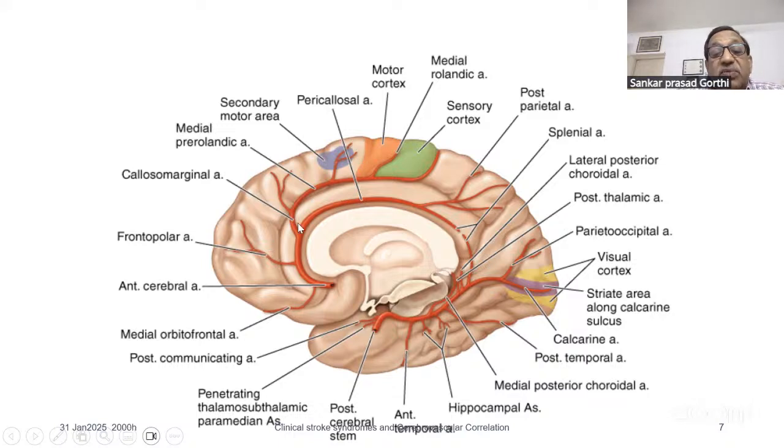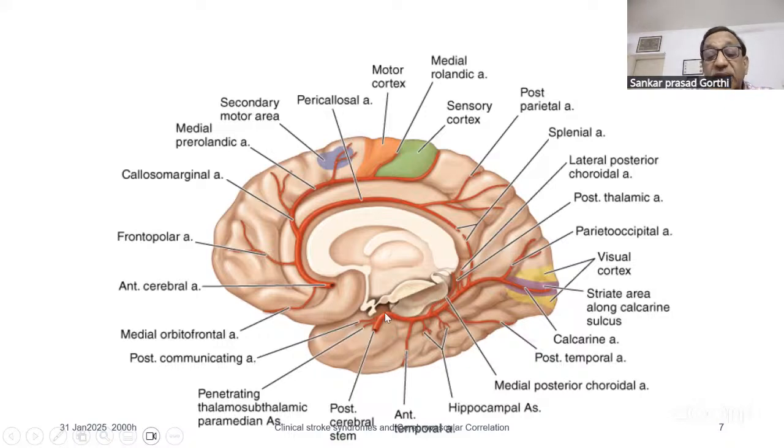This is the callosomarginal, and this is the pericallosal branch. And see this motor cortex and the sensory cortex, these are all supplied by the middle cerebral artery. As you go back, the pericallosal artery goes to the posterior parietal and subsequently the splenial artery. So these are the middle cerebral artery and anterior cerebral artery territories which you are seeing.